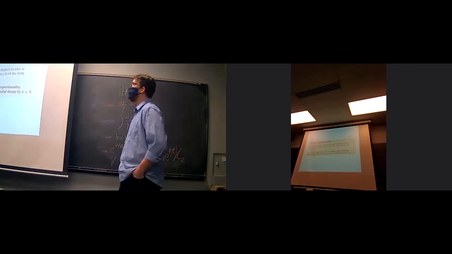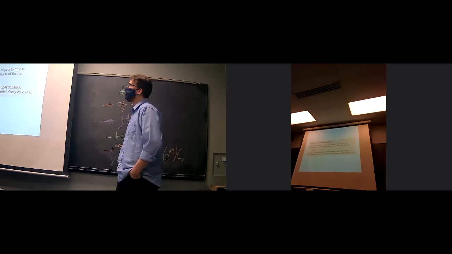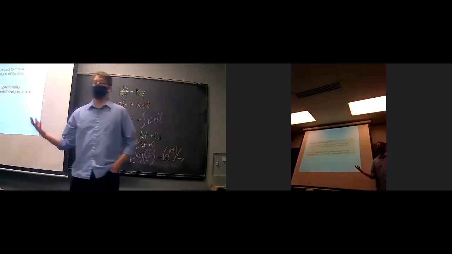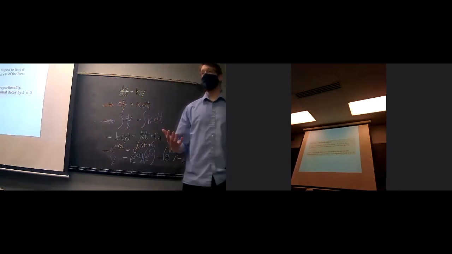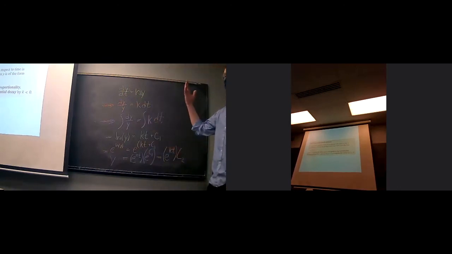If k is greater than 0, you grow. Pretty straightforward. And this makes some sense, right? Because e raised to the 0 power would just be 1. So presumably anything above 0 will make you grow, and anything below 0 will make you decay.